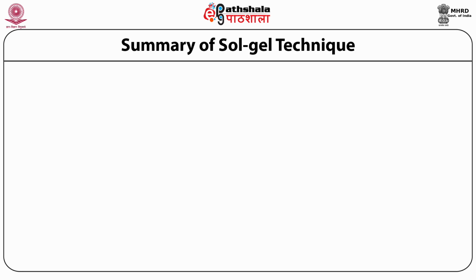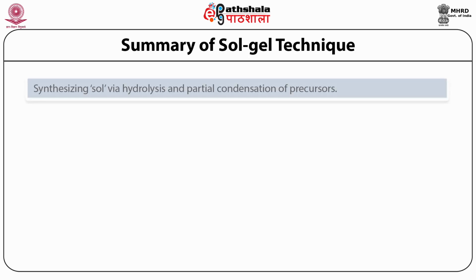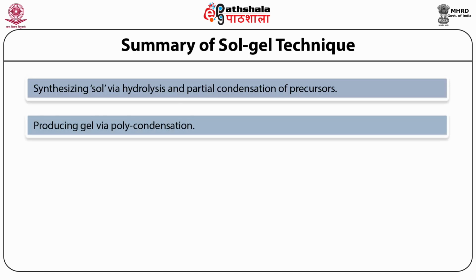Apart from precursor synthesis, the sol-gel technique can be summarized as firstly, synthesizing sol via hydrolysis and partial condensation of precursors. Secondly, producing gel via polycondensation.